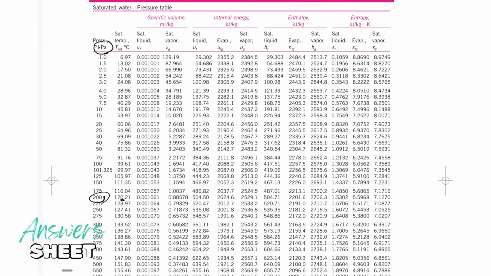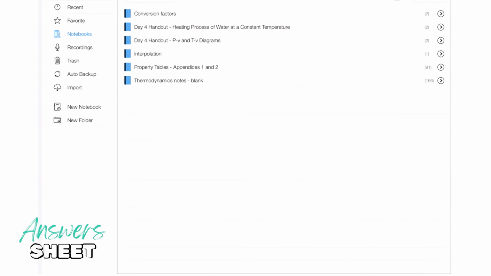Everything right here, that 200. I would get a ruler and put your ruler across here so you make sure you're reading the correct line. But anyway, the temperature is 120.21. Whether it is saturated liquid, saturated vapor, or a saturated liquid and vapor mixture, all of that is at 120.